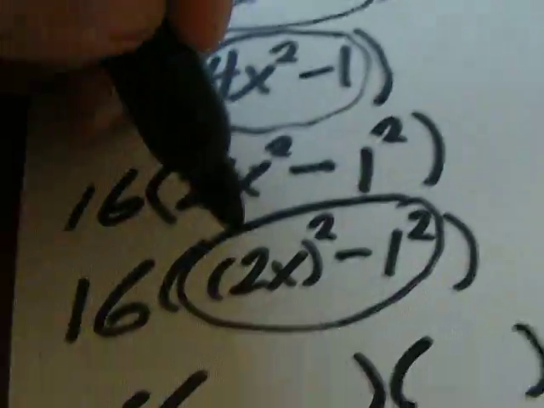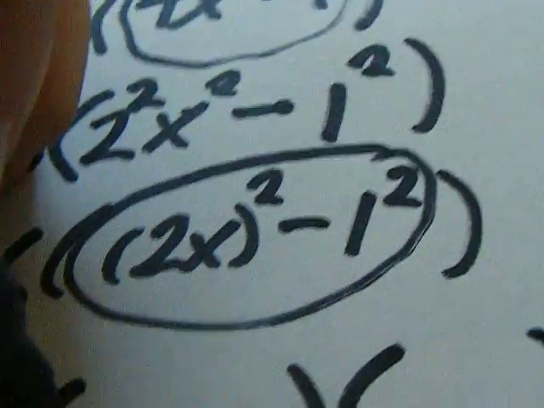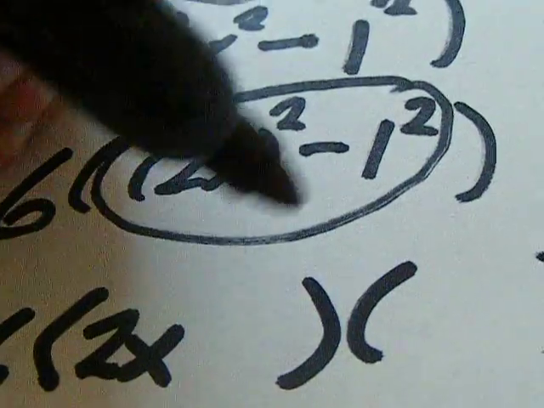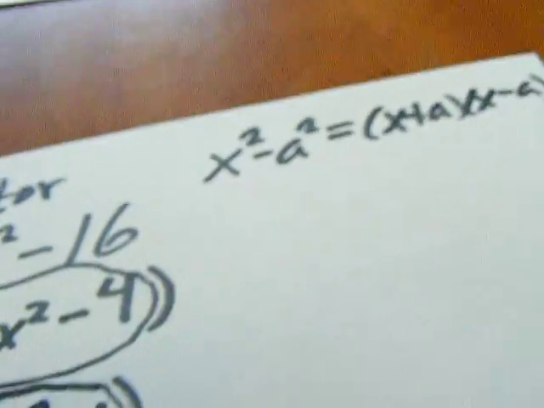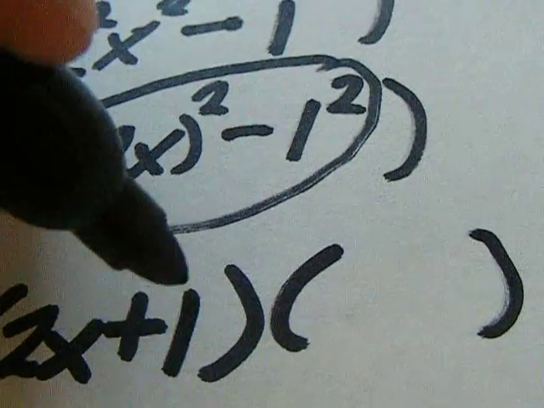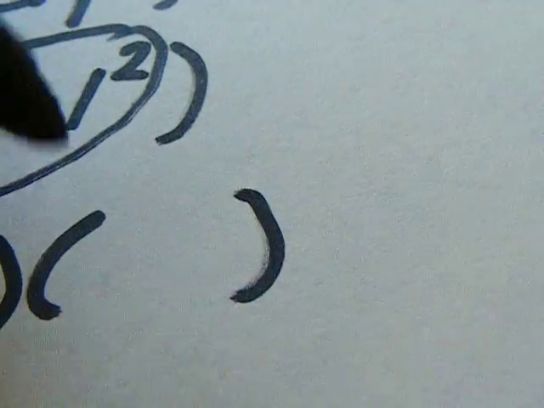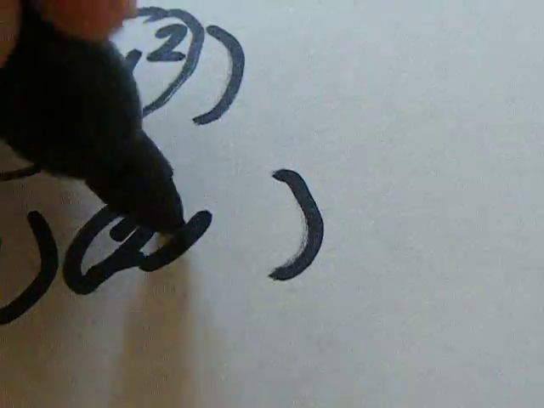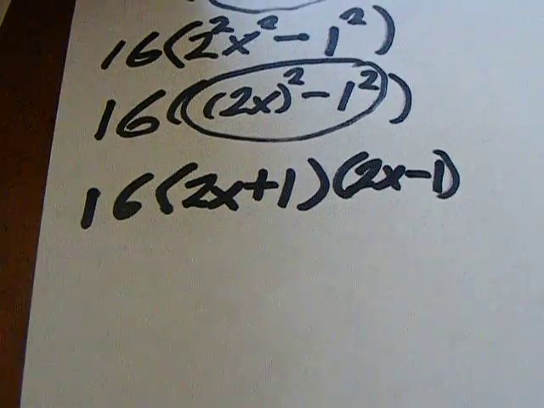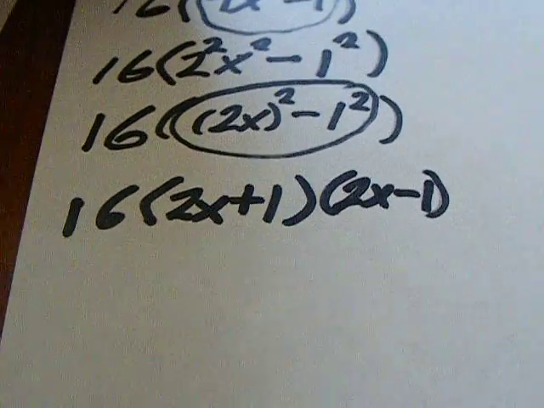Instead of x, I'll have 2x, and instead of a, I'll have 1, so 2x plus 1, and then over here I'll have 2x minus 1. And there, it's all factored neatly. And that's how you do it.